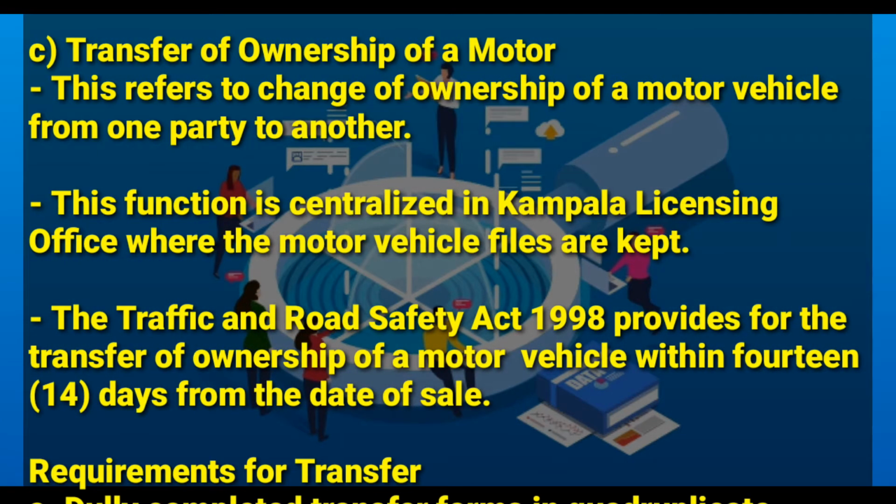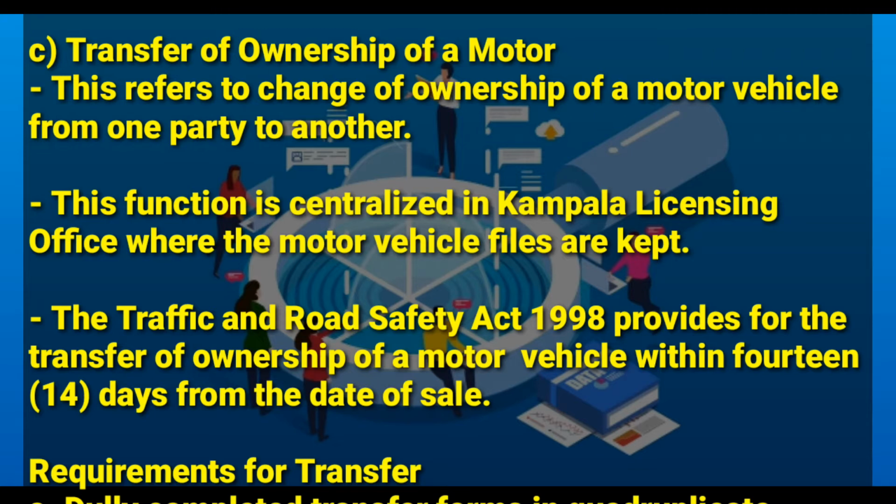And another source of non-tax revenue is transfer of ownership of a motor vehicle. This refers to the change of ownership of a motor vehicle from one party to another. This function is centralized in Kampala Licensing Office, where the motor vehicle files are kept.